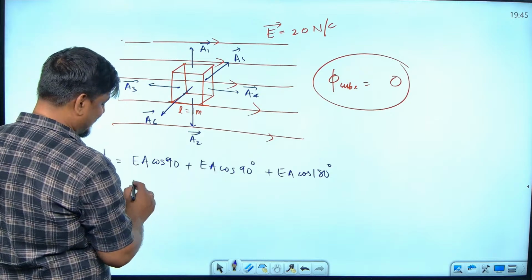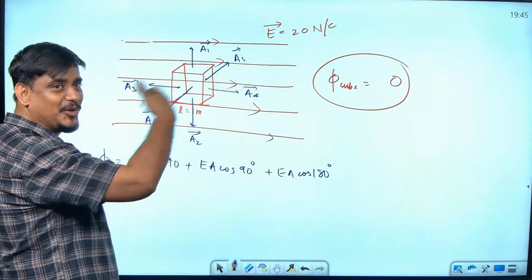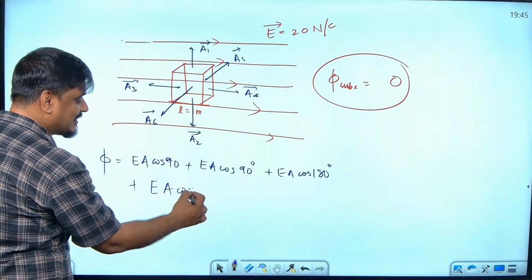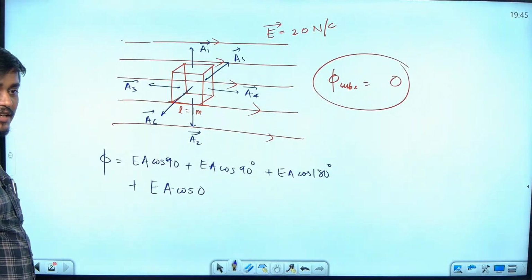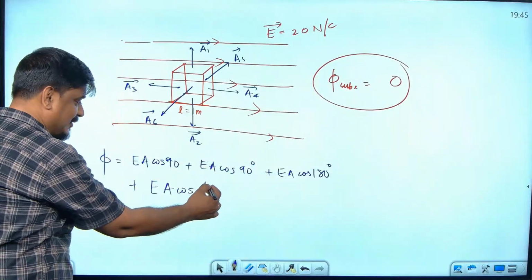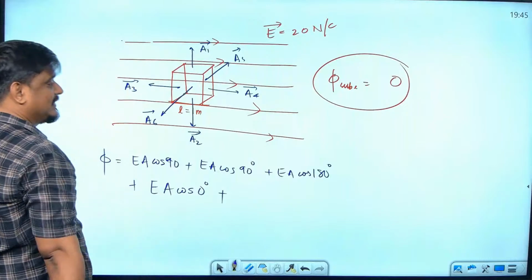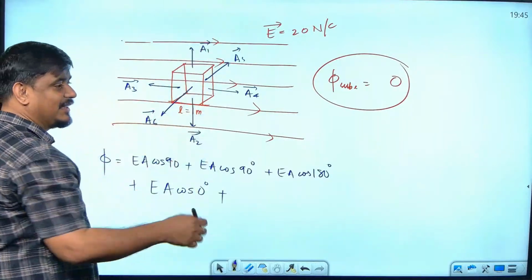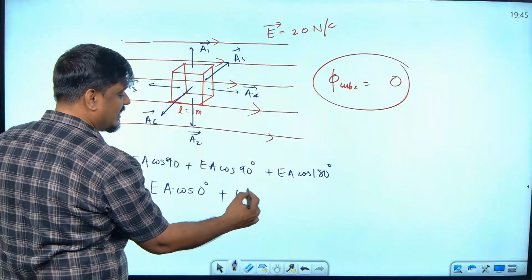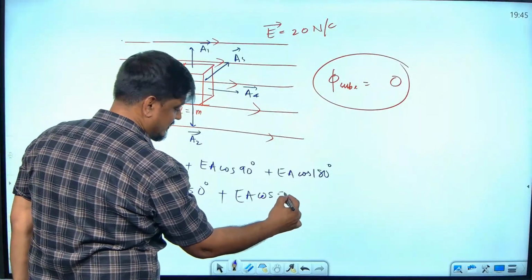Plus fourth area towards right. So it will become E A cos how much? 90. Electric field here, area here, 0. Plus 5 is behind. This is the electric field behind, again 90 degree. So E A cos 90.